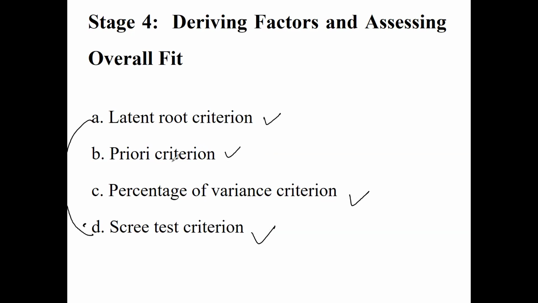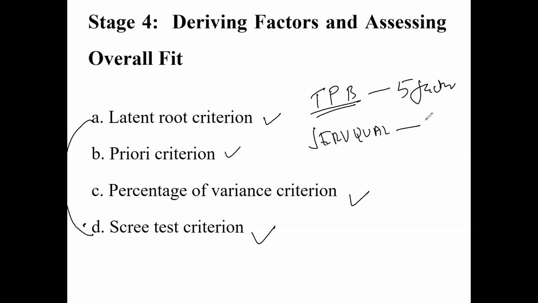The a priori criteria means if I am explaining a particular phenomenon, like the theory of planned behavior through 5 factors, or service quality, if previous research is explaining it through 5 factors, then I can retain only 5 factors and explain my data through 5 factors.